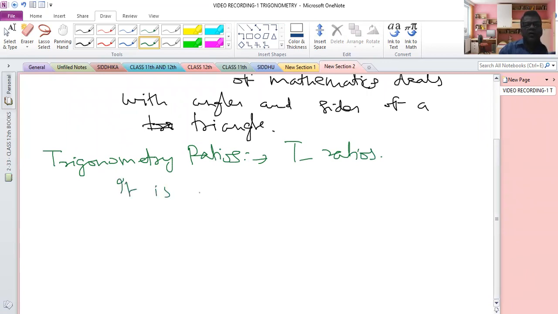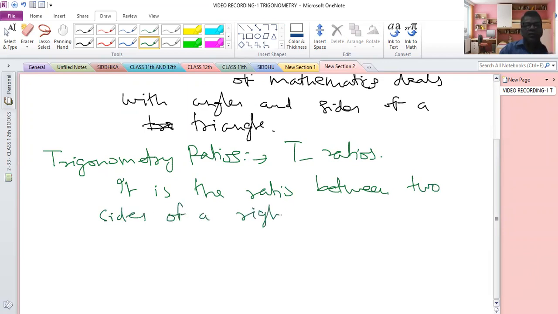It is the ratio between two sides of a right angle triangle.